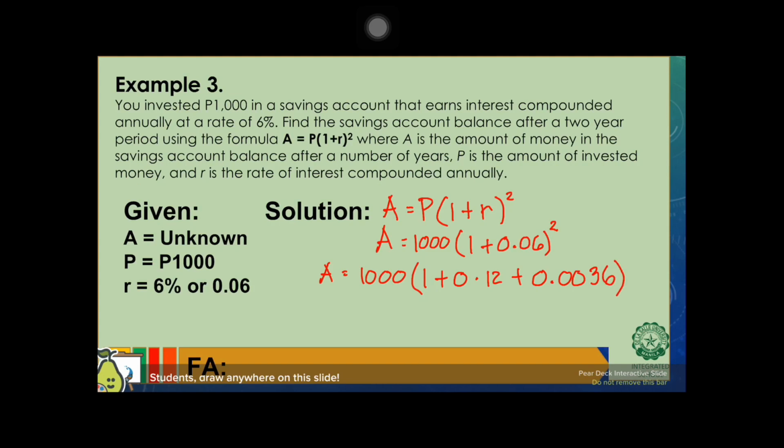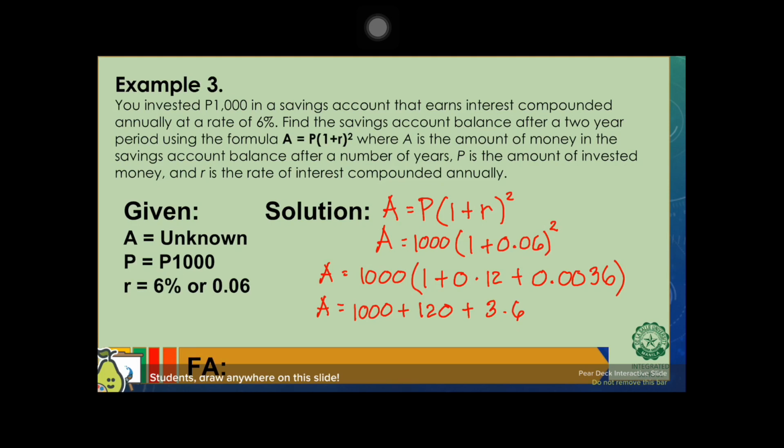After doing that, you still need to distribute the 1000 to our trinomial. So we would be having 1000 multiplied by 1 is 1000. 1000 multiplied by 0.12, that would be giving us 120. And then lastly, we have 1000 multiplied by 0.0036, that would be giving us 3.6.